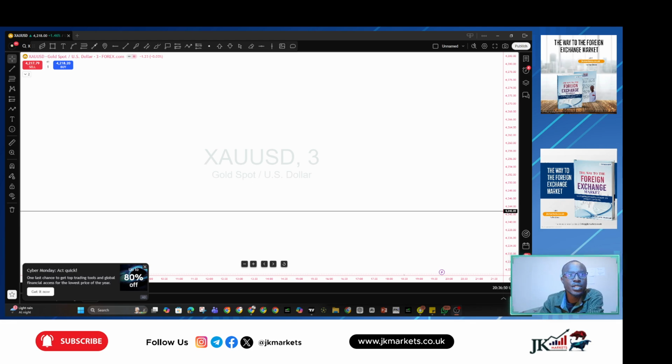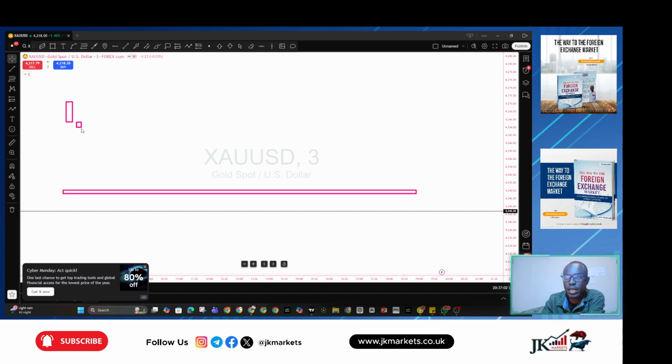So we will continue with our next candlestick pattern, which is a morning star. A morning star usually forms on a support. So say this is a support, and then the pair was moving downwards like this.